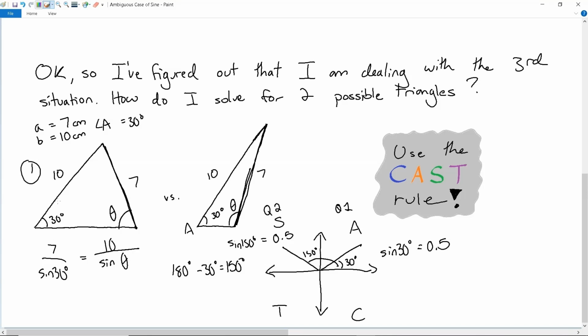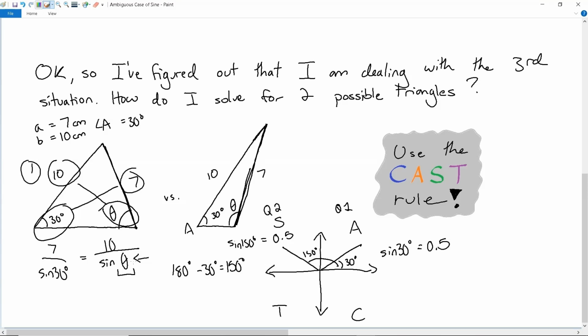And sine law is just saying that the side length over its corresponding angle equals any other side length with its corresponding angle. Now that's fine, but this theta right here, this angle, could be either the angle in quadrant 1 or the angle in quadrant 2, because it's going to give me the exact same value. And that's why the ambiguous case exists.